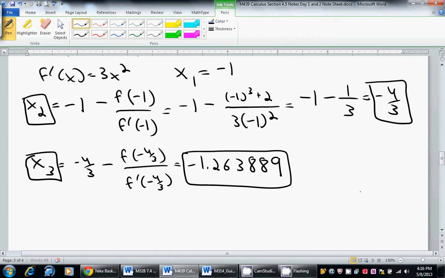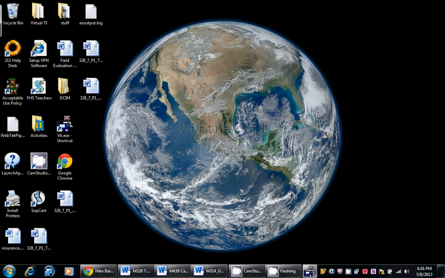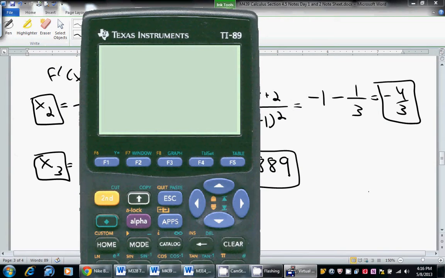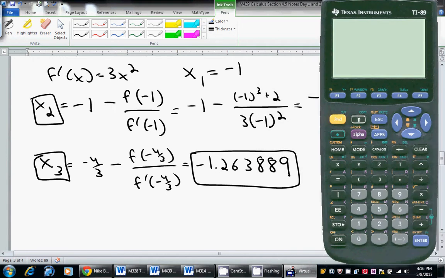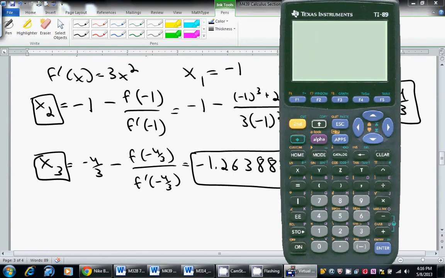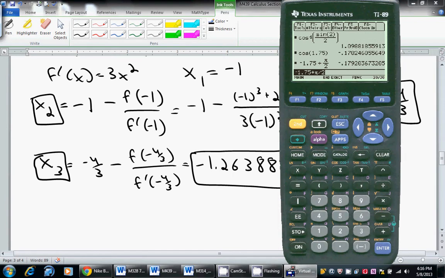Whoa, what happened? Oh God, my calculator disappeared. Okay, let's try that again. Well, this is going splendidly. Okay, so you could keep doing this on the calculator.